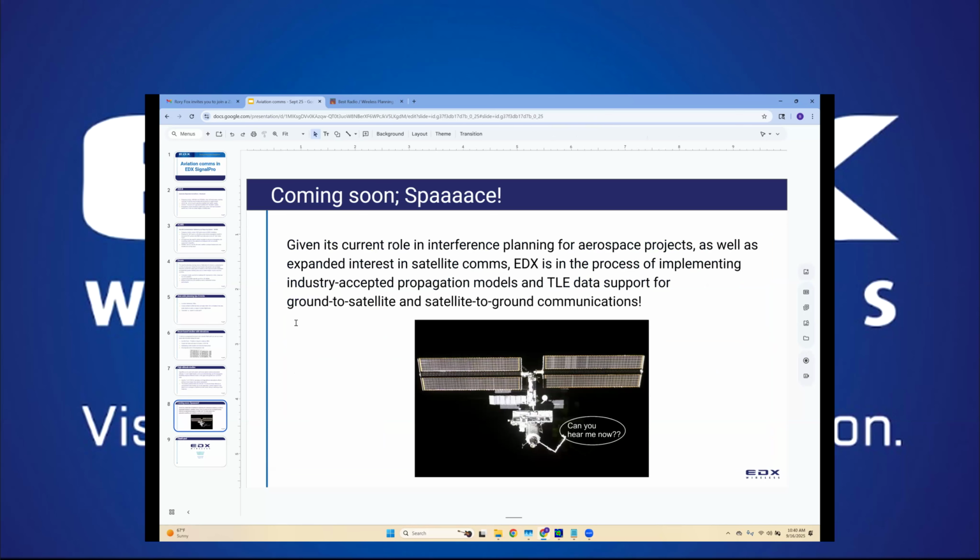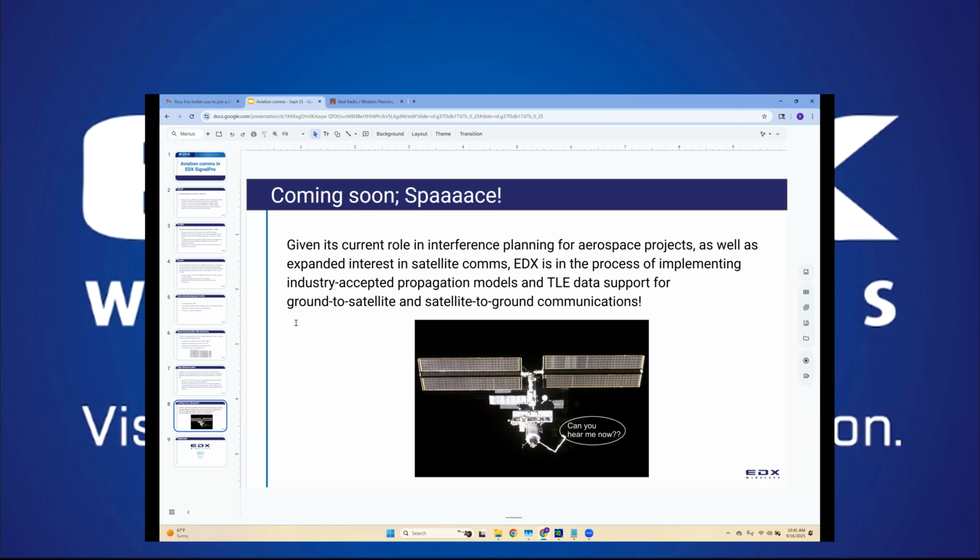Given the fact that EDX already has a bit of usage both in governmental aviation comms, experimental aviation comms, that kind of thing, and now within aerospace planning, we have a roadmap item, and we're in development for two major feature set additions that would basically enable satellite communications.